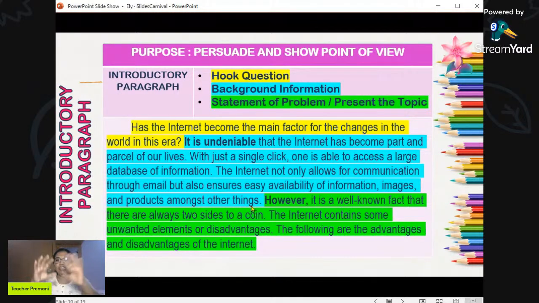So you're actually giving the background information about the internet that changed the world in this era. Can you see that? It has become part and parcel of life in this world, right? And with a single click you can access information. And then you can communicate through emails, and get information, images, products. So it's about changes in the world, right?